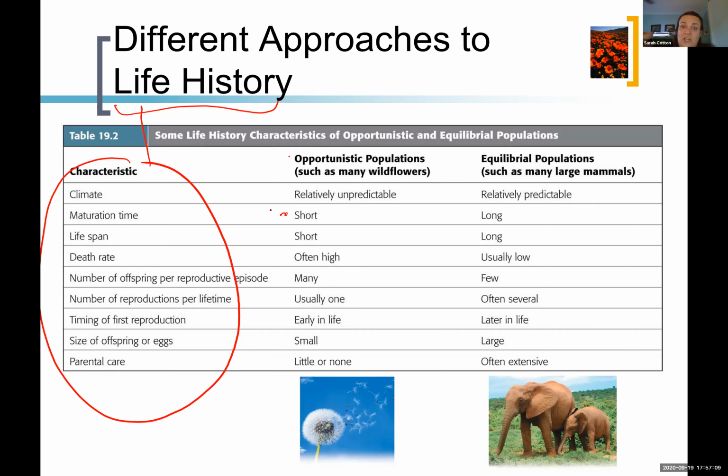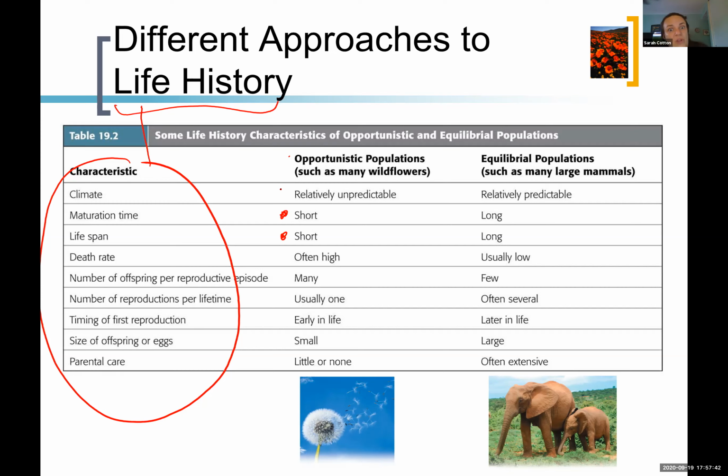Wildflowers are an example, because the wildflower seed germinates, and in some cases within even a couple of weeks, they have flowers. Well, flowers are their reproductive structures, right? So wildflowers have incredibly short maturation times. They go from beginning their life to reproducing in sometimes just a couple of weeks, okay? So real fast to mature.